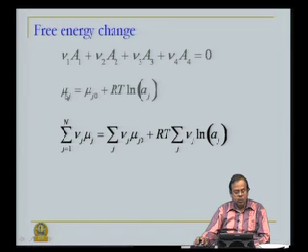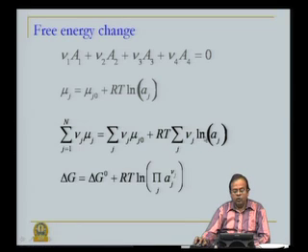Summation of nu j mu j over all n species is the summation of mu j 0 nu j over all species, that is, all reference chemical potentials put together, plus RT times the real terms: nu 1 ln A1 plus nu 2 ln A2 plus nu 3 and so on. So, summation nu j ln Aj, and we know this is nothing but ln of the product of Aj raised to nu j.